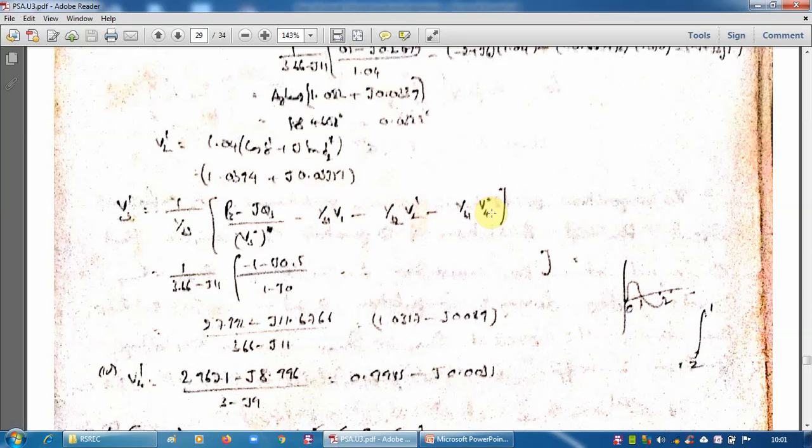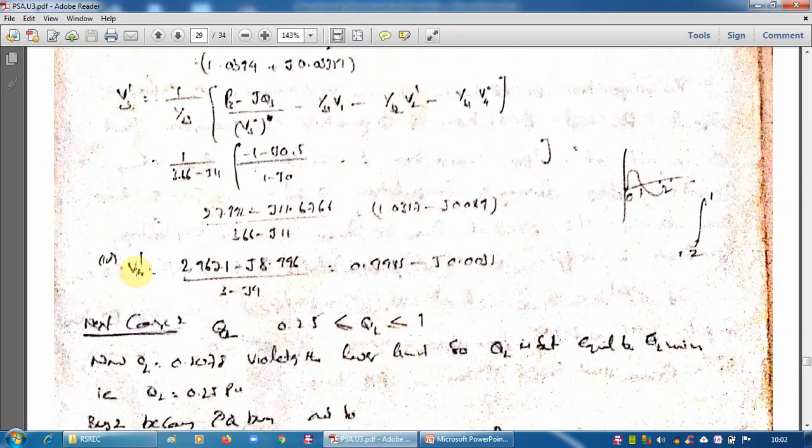And V4, we don't know the value of V4 till now. So therefore substitute the assumed value 1 plus j0. Calculate all the things. You will get V3. Now finally V4. Same thing. Use this expression. V4, get this value. So like that, this is the procedure when both load buses and generator buses are present.